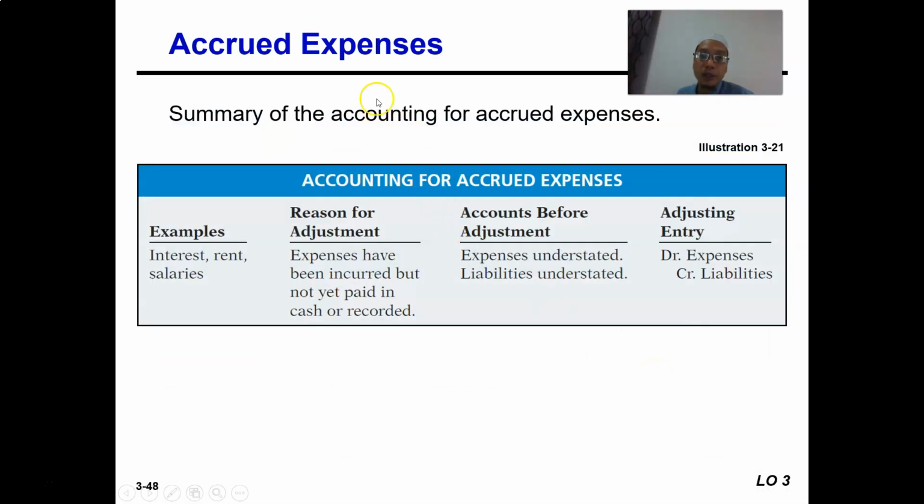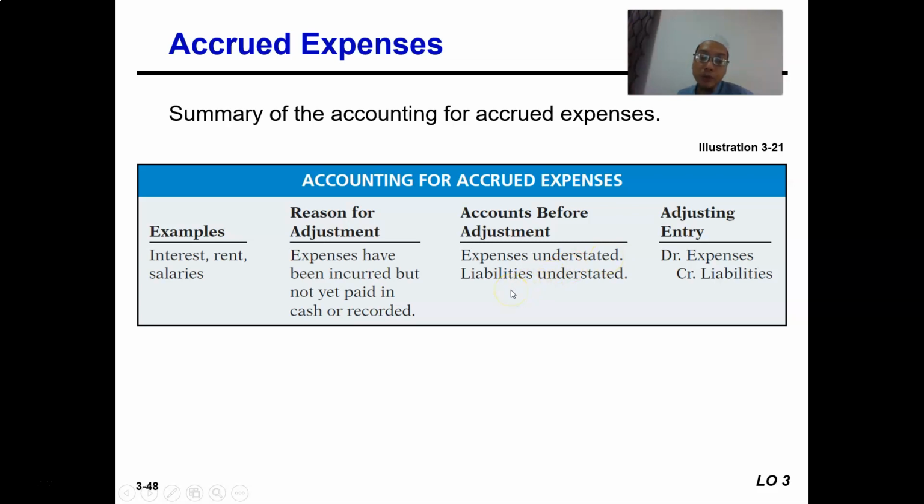As a summary of the accrued expense, examples would be interest, rent, and salaries. The reason for the adjustment is that we have incurred the expenses, but we have not paid in cash, and we have not recorded the expense. Before the adjustment, expenses are understated because we have not taken into account the expenses that we have not paid.